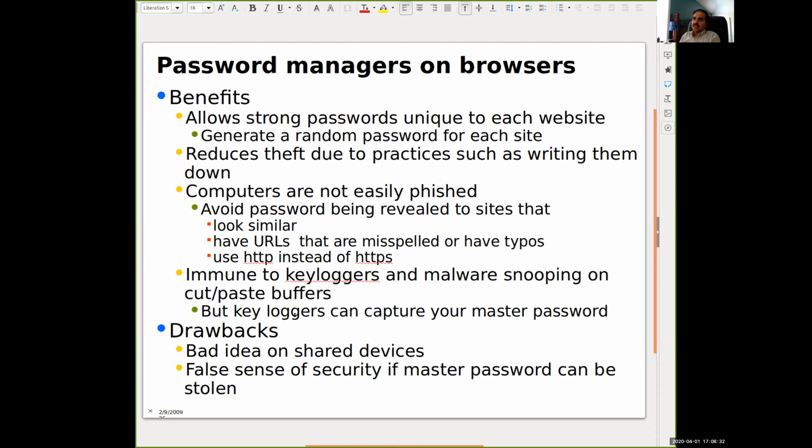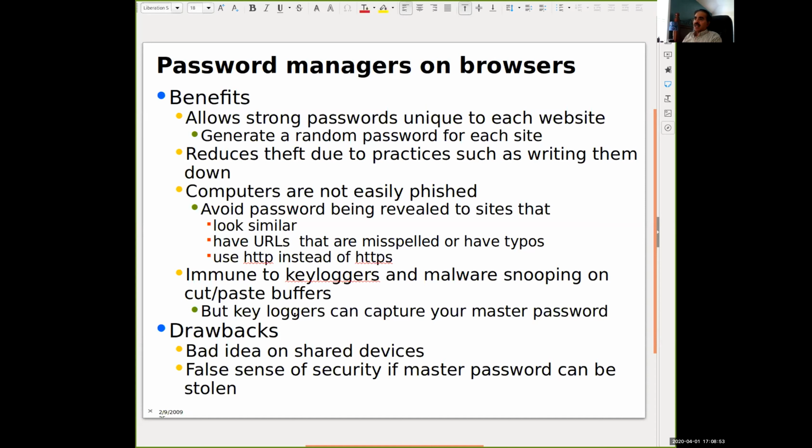And of course, the other benefits, such as being able to generate strong passwords, because again, random passwords are the strong passwords, right? Anything that makes sense to you in some way is going to be easier to guess. So it's really cryptographic random numbers that should be the basis for your passwords.